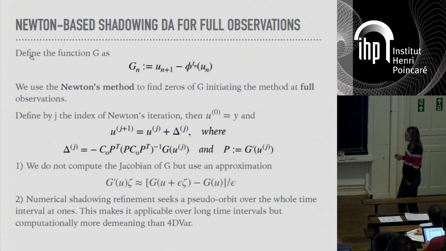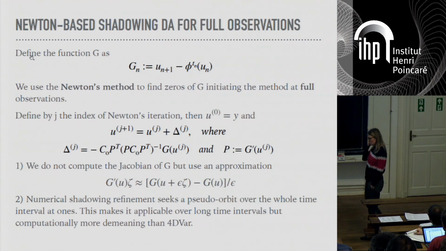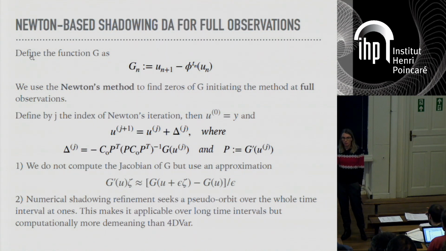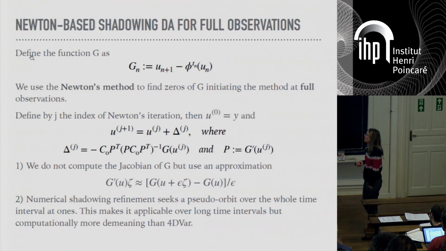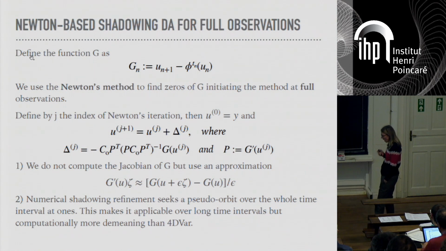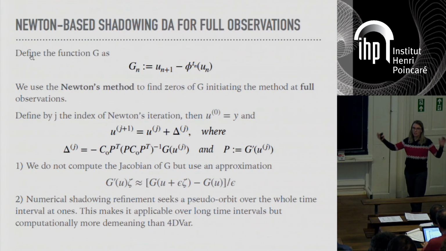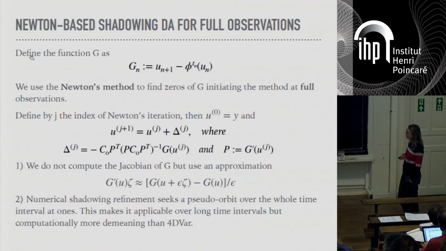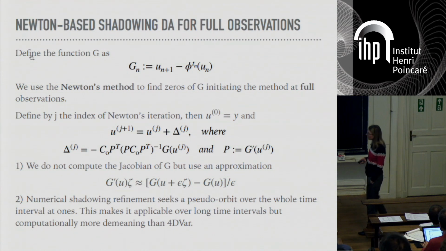That means we can apply this method over longer times than is typical with variational data assimilation. However, we have to operate with these long matrices, so this is computationally more demanding than 4D-Var.